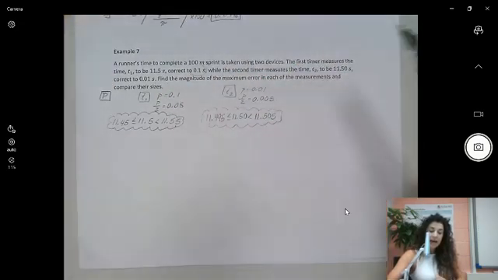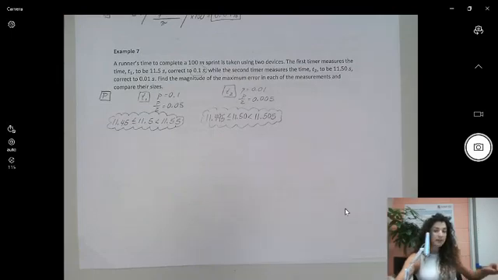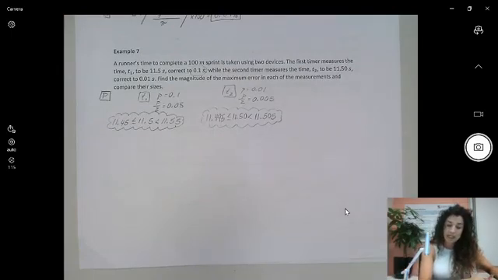It says find the magnitude of the maximum error in each of the measurements and compare their size. So first of all, we're talking about finding the error here. In this error, we're trying to find the percent error, but not just any percent error, the maximum that our percent error could be.